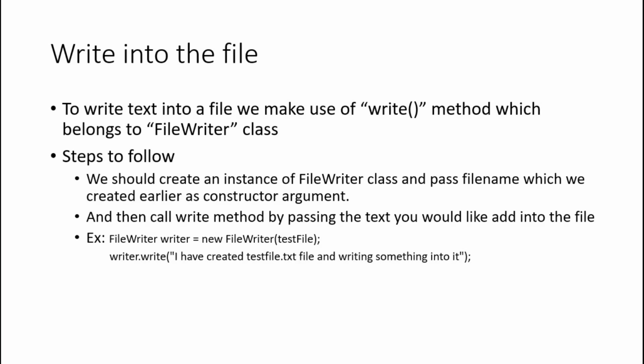Here I have created an instance of FileWriter named writer, and passed the file we created earlier into the constructor argument. Then we call the write method, passing the content or text which you would like to add into that file.